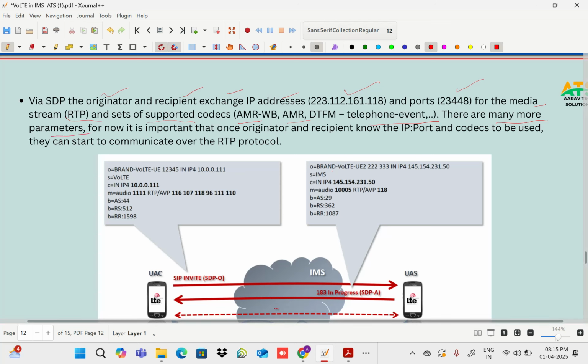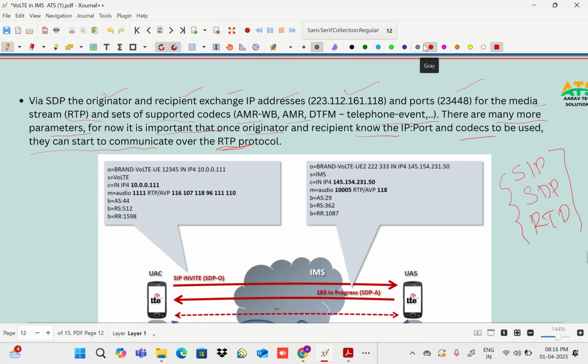For now, it's important that once originator and recipient know the IP, port and codecs to be used, they can start communication over the RTP protocol, the real-time protocol. So first SIP, then SDP, then RTP. We'll discuss in detail every protocol along with its header.